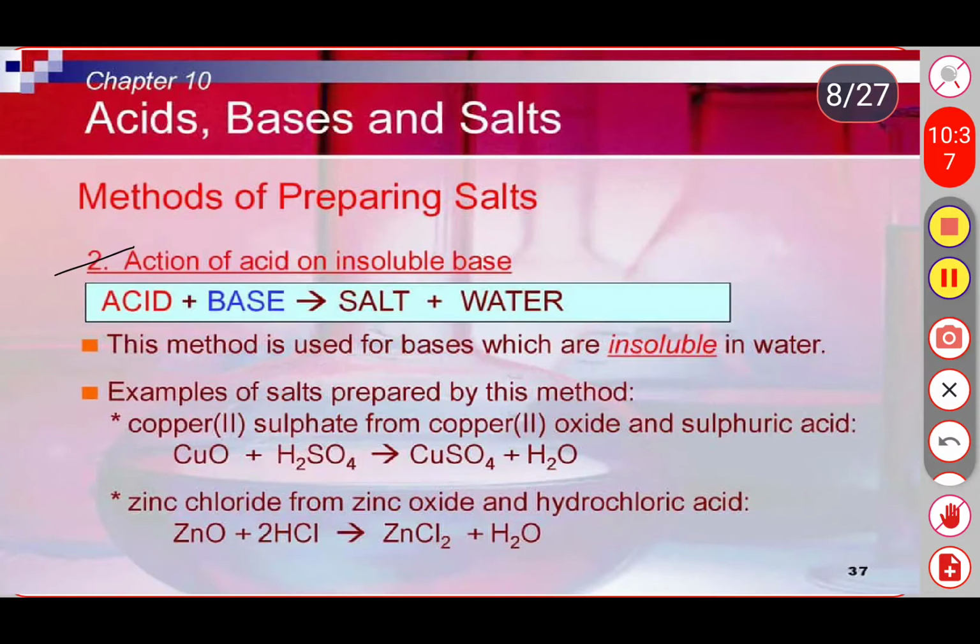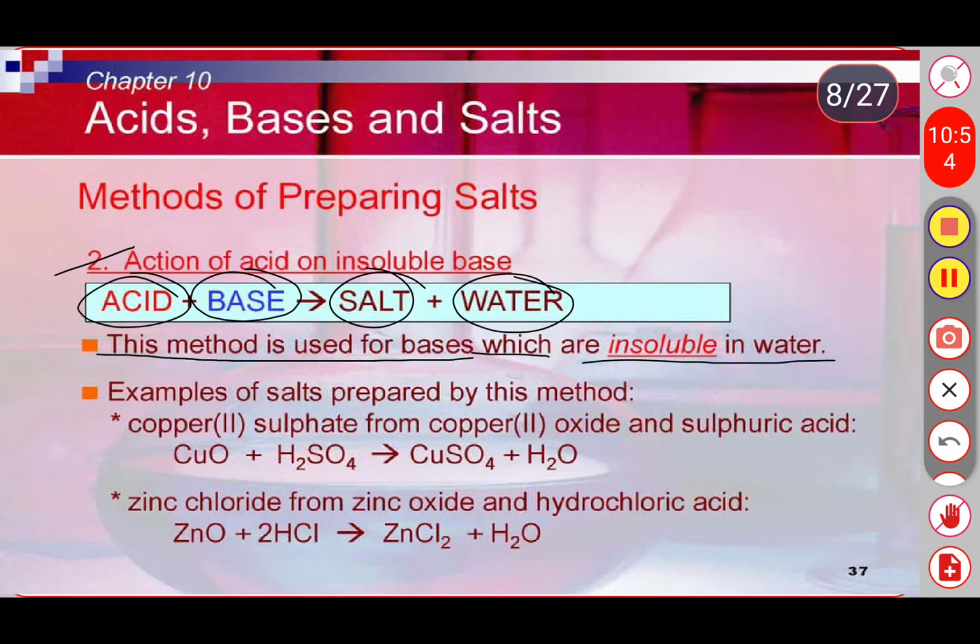When acids are combined with the base, they form a salt and water. This method is used for bases which are insoluble in water. For example, when copper is combined with sulfuric acid, it forms copper sulfate along with water. Example is given here.